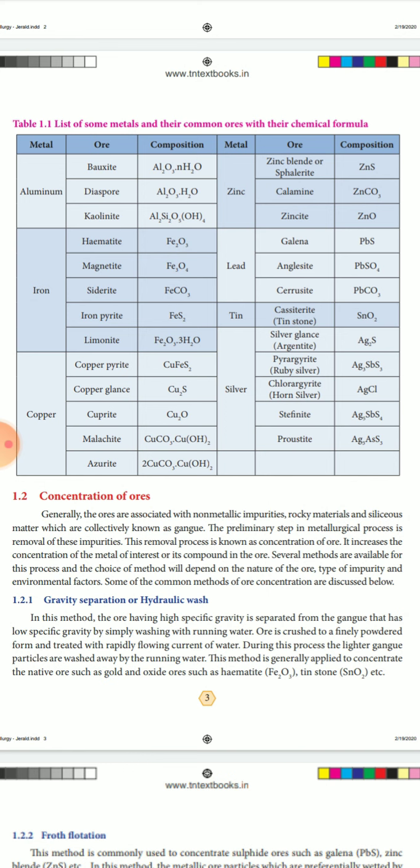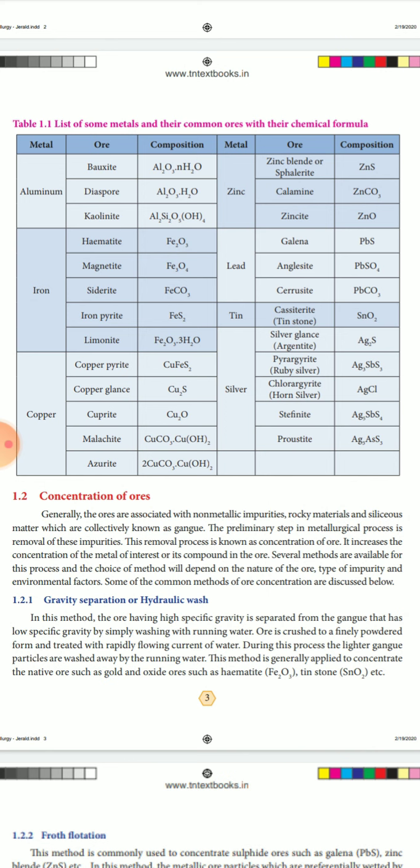In this method, ores having high specific gravity are separated from the gangue that has low specific gravity by simple washing with running water. Ore is crushed to finely powdered form and treated with a rapidly flowing current of water. During this process, the lighter gangue particles are washed away by the running water.